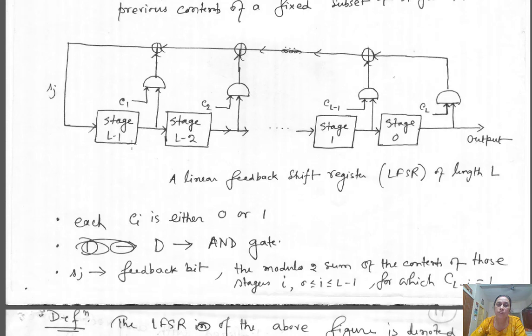So with stage L minus 1, C1 is connected. With stage L minus 2, C2 is connected. So for stage I, C L minus I is connected. If C L minus I is 1, then the corresponding stage I value contributes into the feedback bit formation.